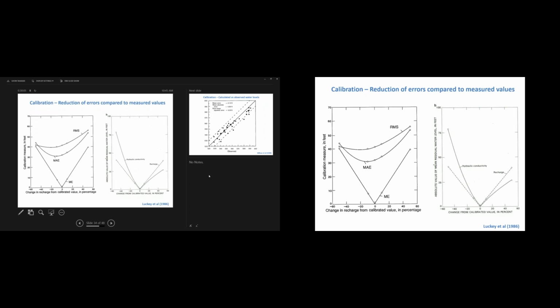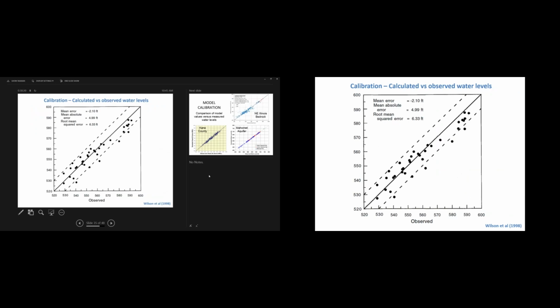So you have to look at your mean absolute error. And there's some other measure. RMS is kind of a standard deviation sort of thing. And then you can do sensitivity analysis, and that's a whole other discussion. I'm not big on sensitivity analysis for this.